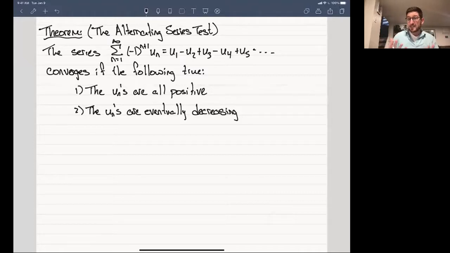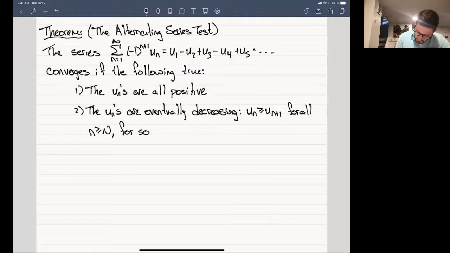So you can see that this is clearly going to be important. We need to have that these things are decreasing. And what this means properly is that u_n is greater than or equal to u_(n+1) for all n greater than or equal to N for some integer N.